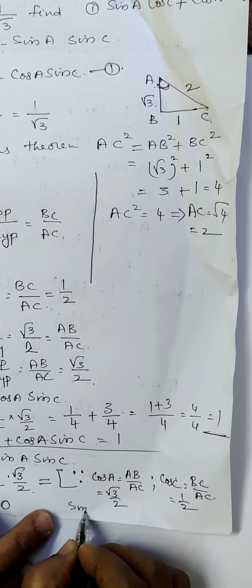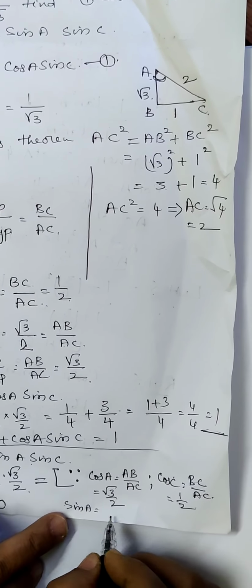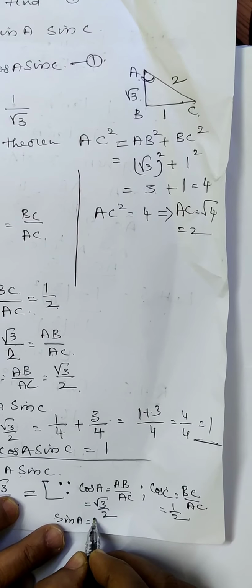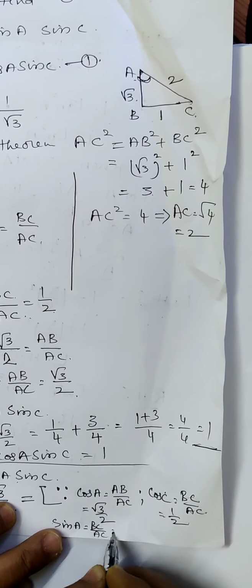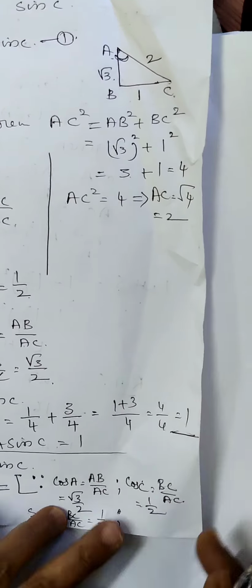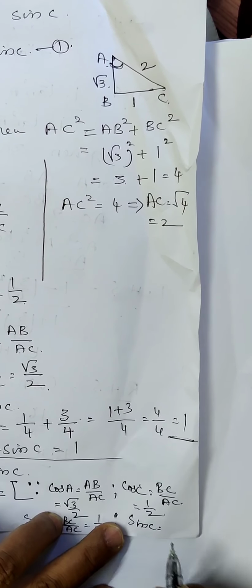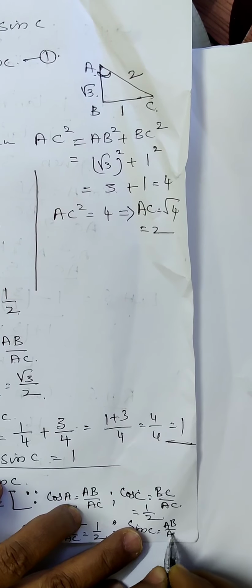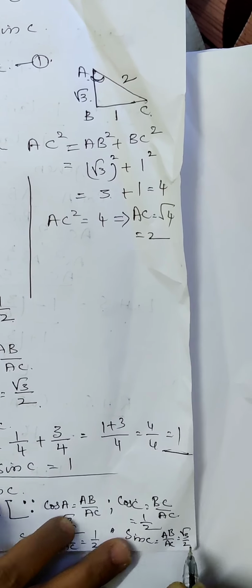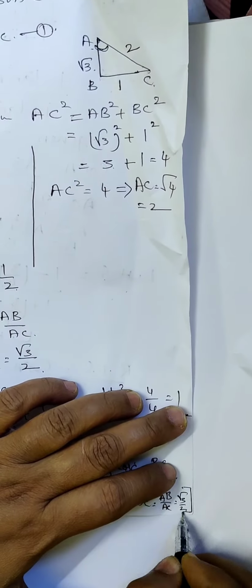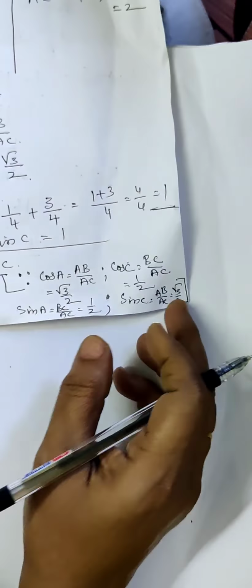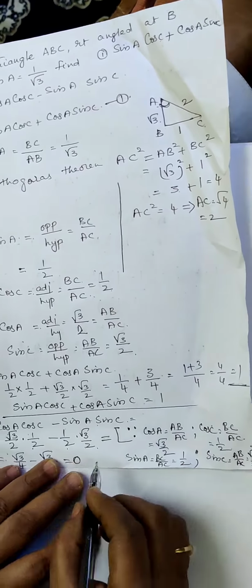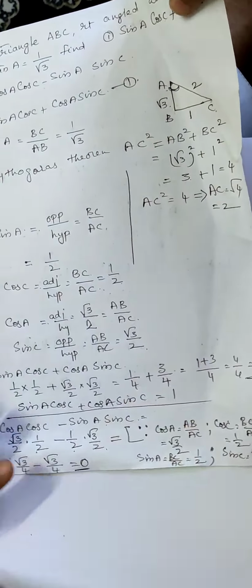And sin A is equal to opposite by hypotenuse. So that is BC by AC, 1 by 2. Similarly, sin C is equal to opposite by hypotenuse, AB by AC, root 3 by 2. So hence the answer. What is the second equation? The second equation is equal to 0. The first equation is equal to 1.